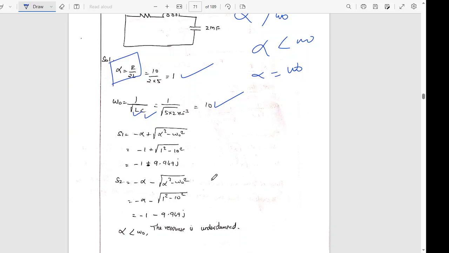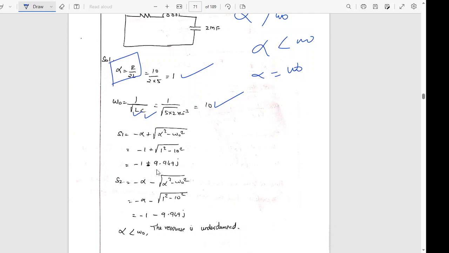Now I am supposed to calculate S1 and S2. S1 equals minus alpha plus root of alpha squared minus omega naught squared, and S2 equals minus alpha minus root of alpha squared minus omega naught squared. Substituting the values, I get S1 equals minus 1 plus 9.949j. For underdamped, the roots will be complex, with both a real and an imaginary part.